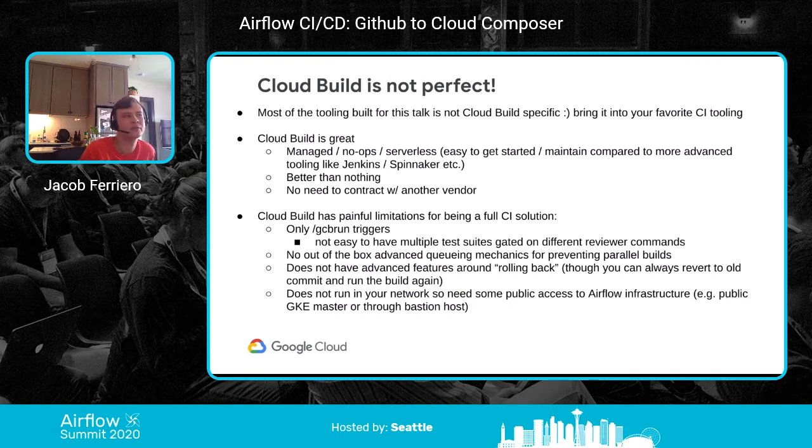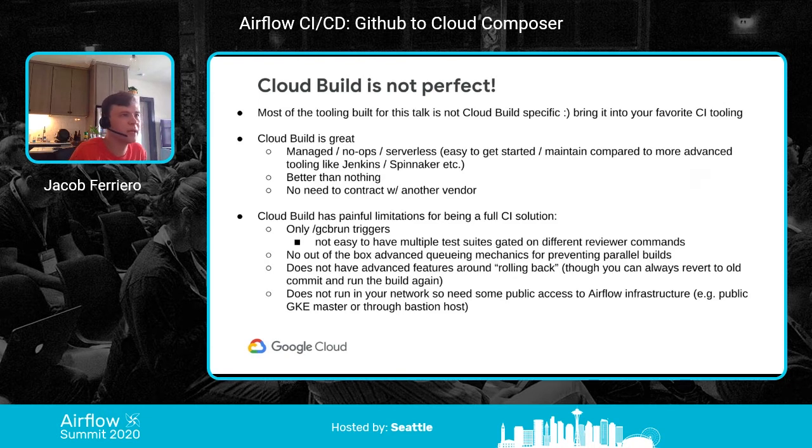Cloud Build is great because we have this managed offering. It's very no ops and serverless, so costs can be very low, and it's very easy to get started. You don't have to have someone who's running infrastructure for Jenkins or Spinnaker or Circle CI or one of these more advanced CI offerings. And there's no need to contract with any other vendors if you're not interested in that.